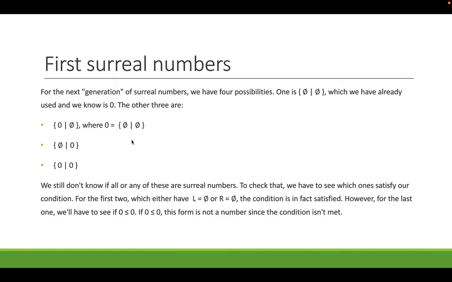For the first two, which either have L as the empty set or R as the empty set, the condition is satisfied. There's no elements to be greater than or equal to. However, for the last one, we have to see if 0 is greater than or equal to 0. And if it is, the form isn't a number.